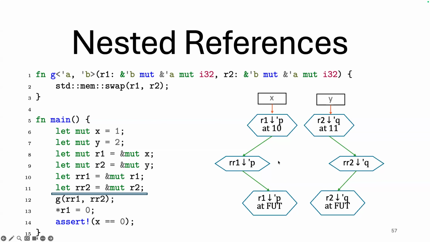Now, we also need to do something else for functions because, based on this idea of inputs and outputs, it seems like there's no shape for G because G doesn't have any outputs. But there's a sense in which it does have outputs: there's a set of borrows under this A lifetime for R1 and R2 before, and a set after the call. These sets of borrows are going to be different, potentially.